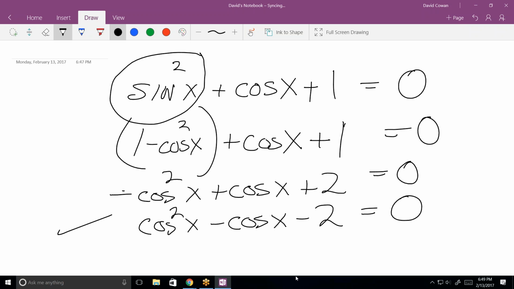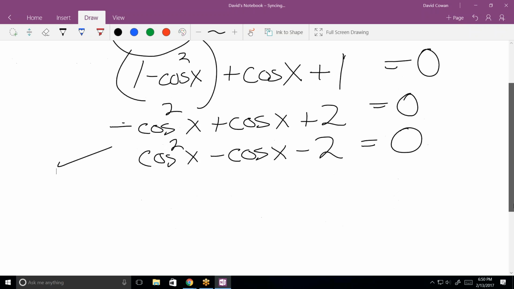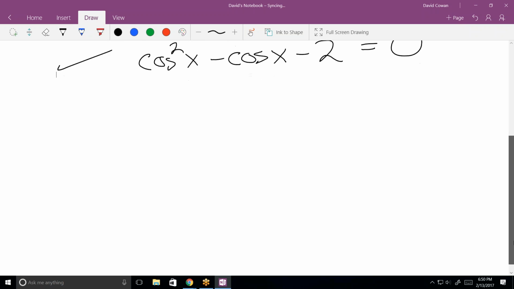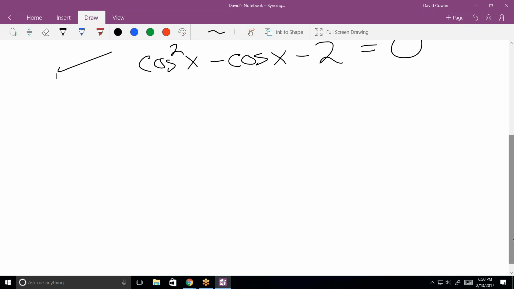And notice how you can solve that. Do you have a clue as to how you would solve that? You could factor it. Yes, that is a quadratic. It's what I call a quadratic in disguise. In other words, it's not a quadratic in x, it's a quadratic in cosine x. If I'm going to factor it, I split the cosines up: cosine x, cosine x.